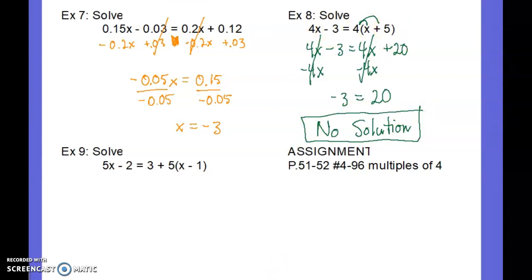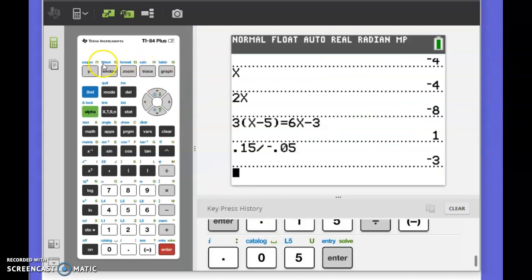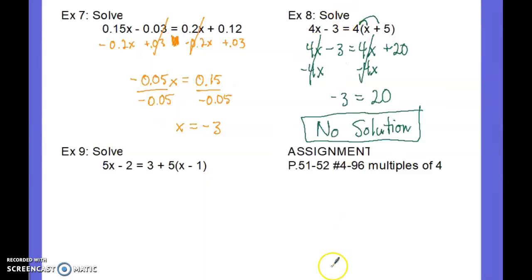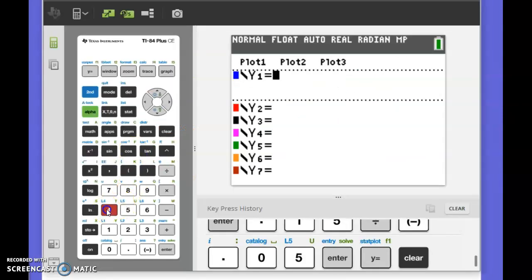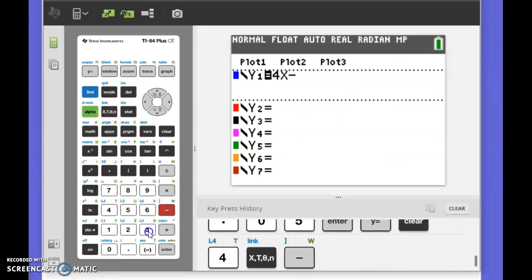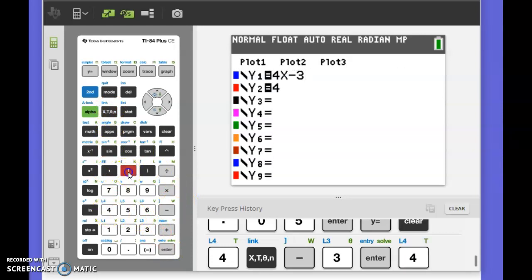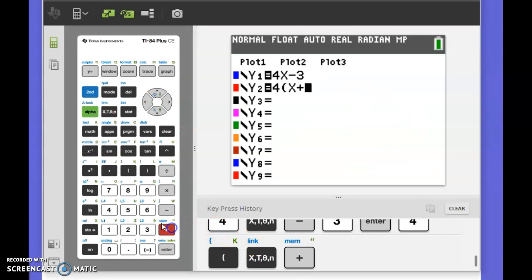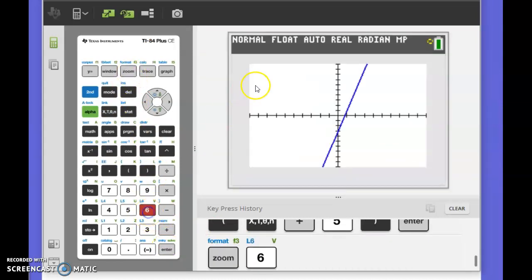And if you get a graphing calculator out, what you can do is type them into the y equals, sorry, I had a previous problem in there, 4x minus 3, and then 4 times the quantity of x plus 5. And let me just get my graph. What you notice is that these two lines will never cross.